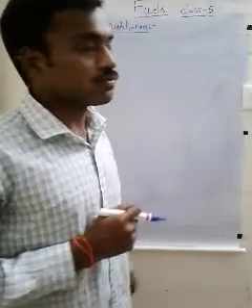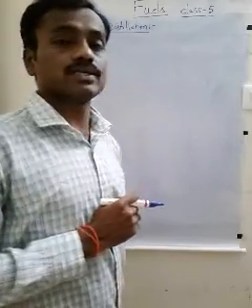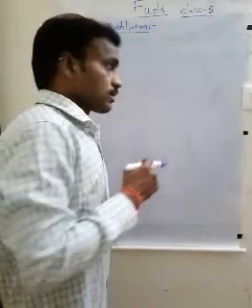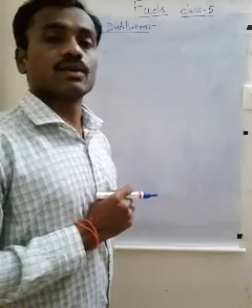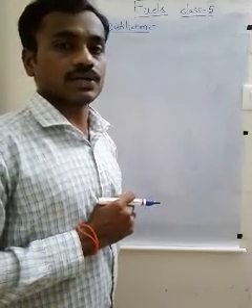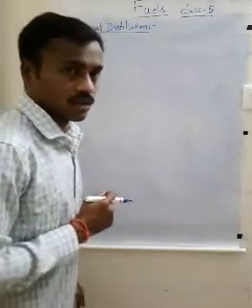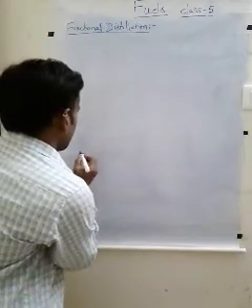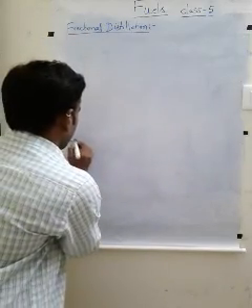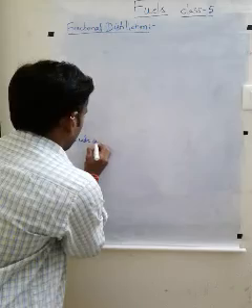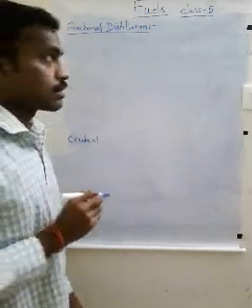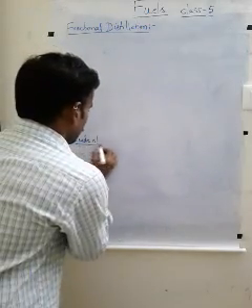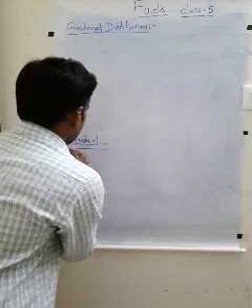etc. Now, in the fractional distillation process, the crude oil is heated to about 400 degrees centigrade in an iron retort. Here the crude oil is passed through the iron retort.